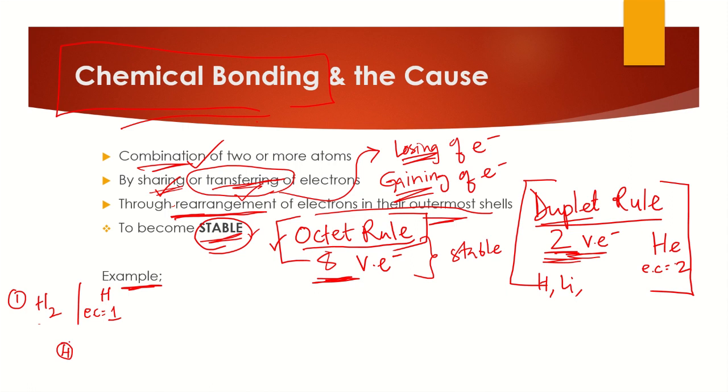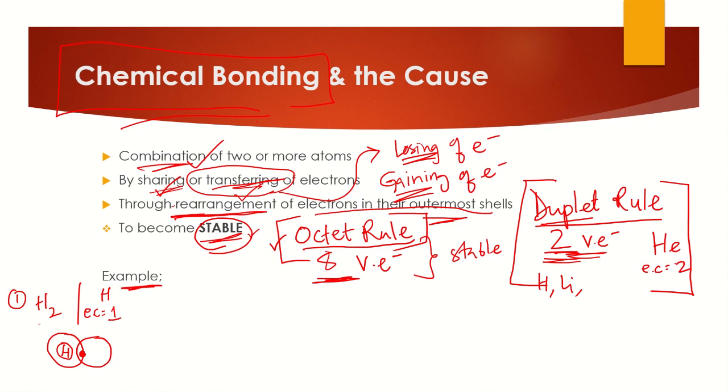Let us say this is the hydrogen nucleus, and the circle that I've drawn is the hydrogen's valence shell, and a dot to represent its one electron. This is only one hydrogen atom, so let me draw another hydrogen atom.